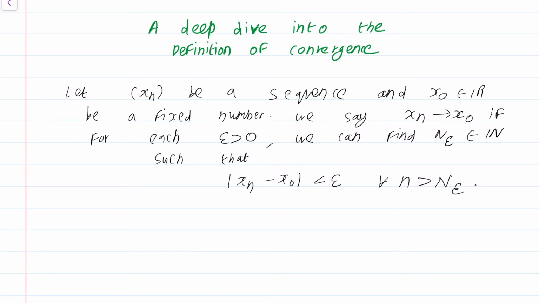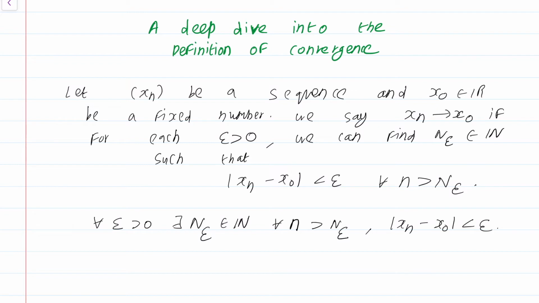Now, the order of the quantifiers in this definition is extremely important. To see this, let's first rewrite this definition in logical symbolism. For each epsilon greater than 0, there exists N_epsilon in N such that for all n greater than N_epsilon, |x_n - x_0| < epsilon.